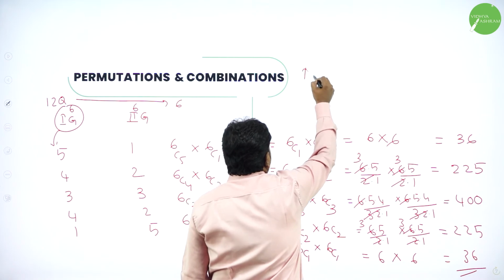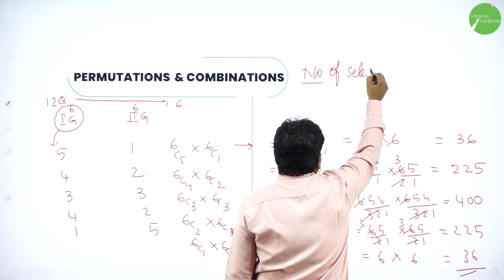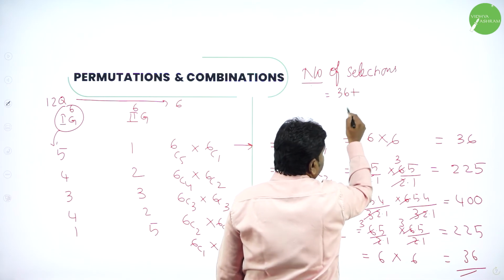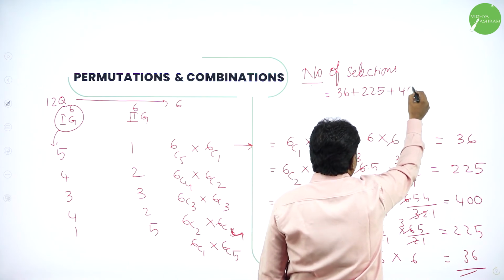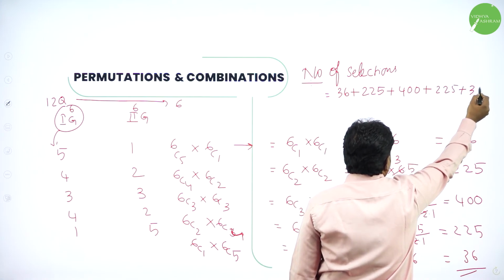So therefore number of selections is equal to 36 plus 225 plus 400 plus 225 plus 36.